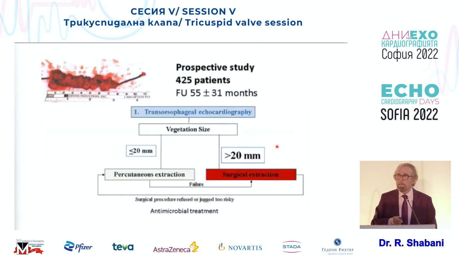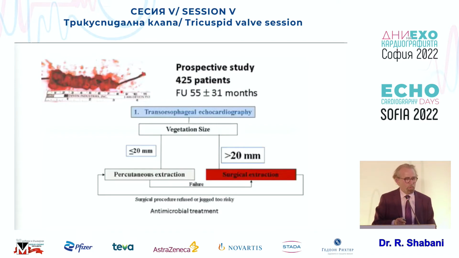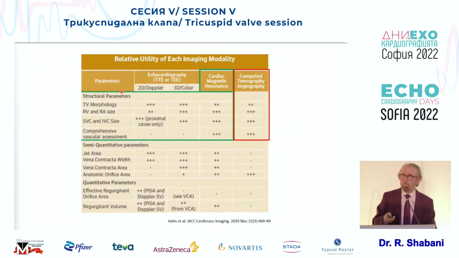Критериите се променят, много зависи какъв екип, имат ли достъп до хирургия, как се подхожда към екстракцията, дали хирургично или по мануален път. Когато вегетациите са повече от 20 мм, по-стари данни, може да има хирургия, когато са по-малко, да се опитва с перкутанна екстракция, макар че това е много опасно. При перкутанна екстракция най-често се получават разсейки на вегетацията, емболизация, сепсис и фатален край. Така че подходът трябва да бъде много внимателен.